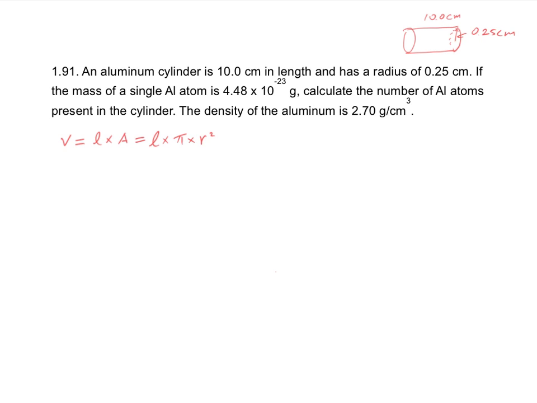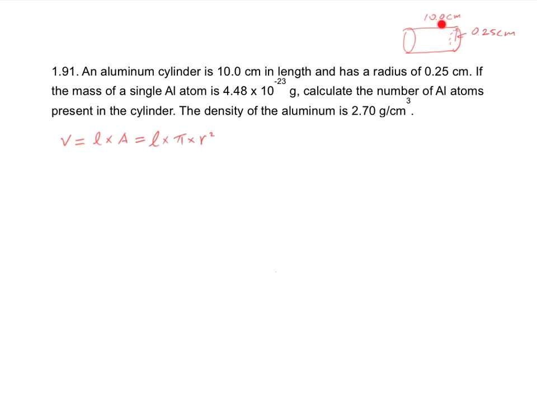Now, how can we know how many aluminum atoms are in this cylinder? We are given the mass of a single aluminum atom. What do we need to know about the cylinder? It should be the mass, because one aluminum atom weighs this much in grams.